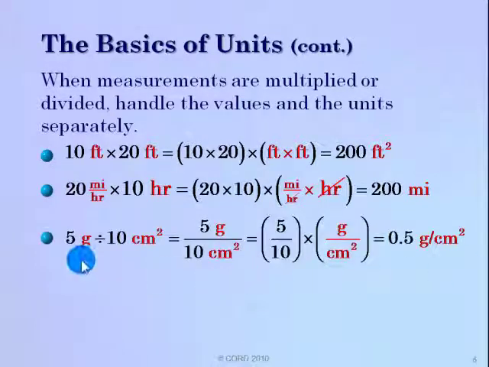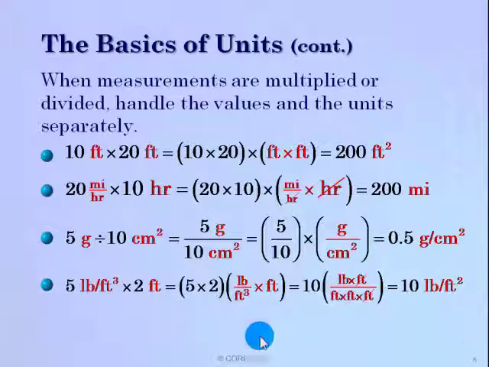If we divide 5 grams divided by 10 centimeters squared, then we divide the values 5 and 10 and the units grams and centimeters squared to end up with 0.5 grams per centimeter squared. 5 pounds per cubic foot times 2 feet.